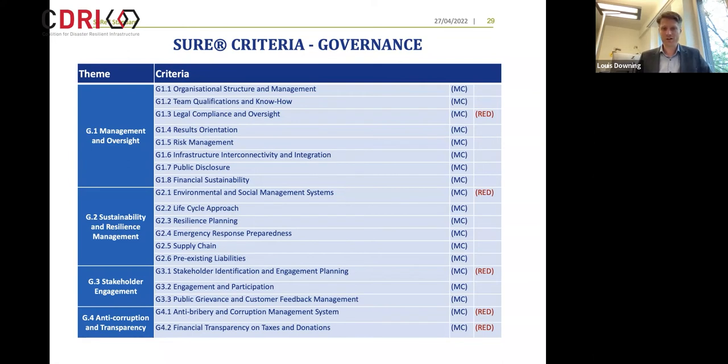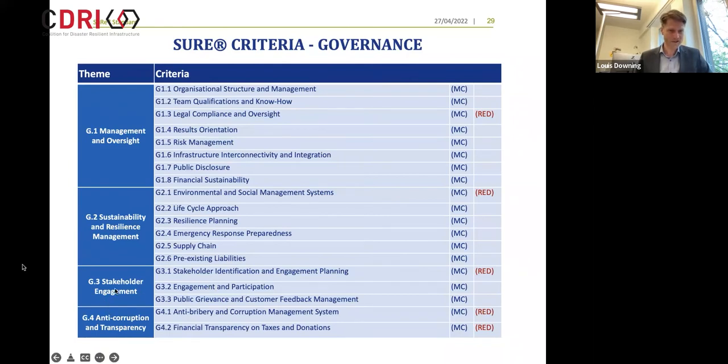What kind of insurance do we have in place, for example? Then what emergency response preparedness do we have in place? How do our supply chains get affected by disaster, or how resilient are our supply chains? And then what pre-existing liabilities exist?